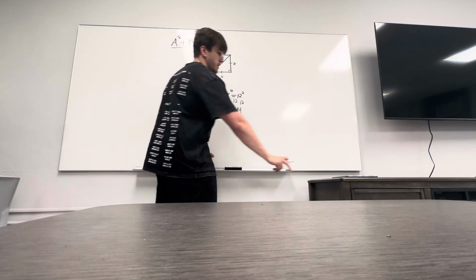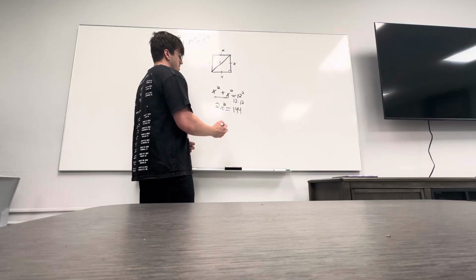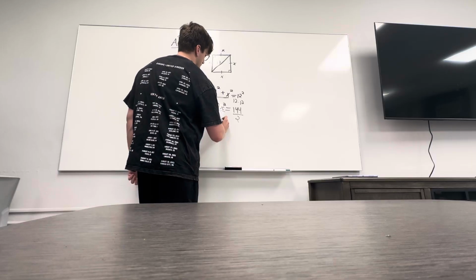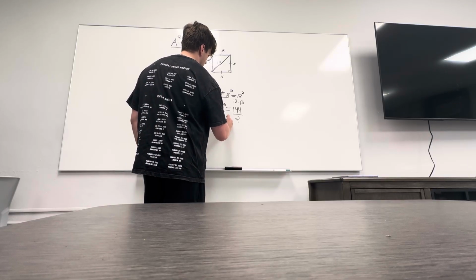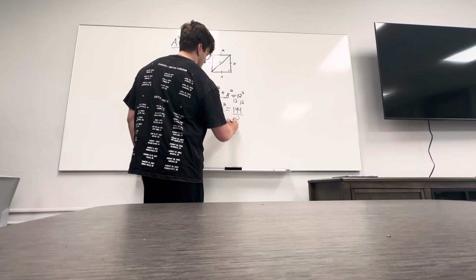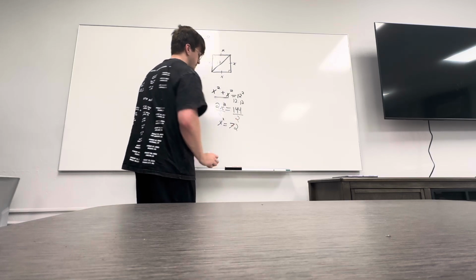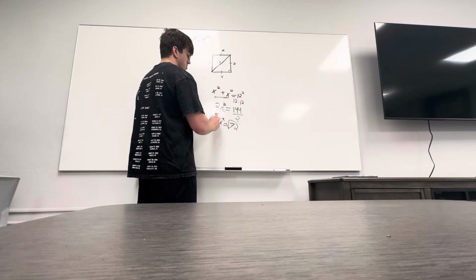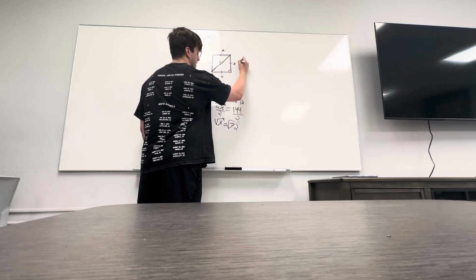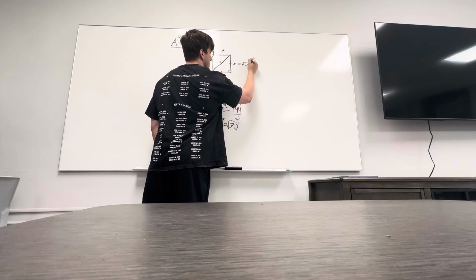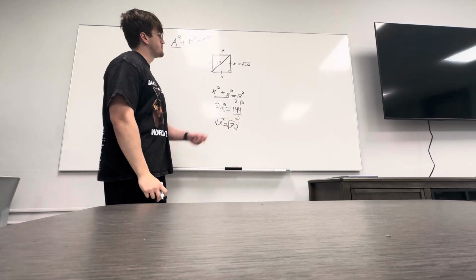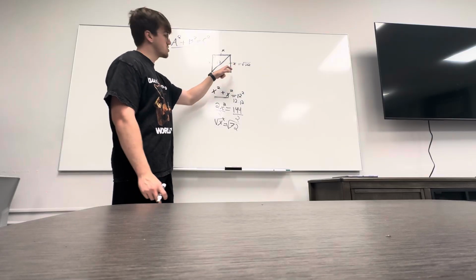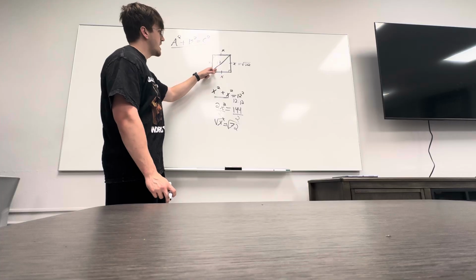Okay, so following your order of operations, you divide by 2 here, and you get x squared is equal to 72. So like we've done about 3 times, you take the square root, and you know that x is equal to the square root of 72. So using this, you can find the length of the side of a square if you have the diagonal going through it.